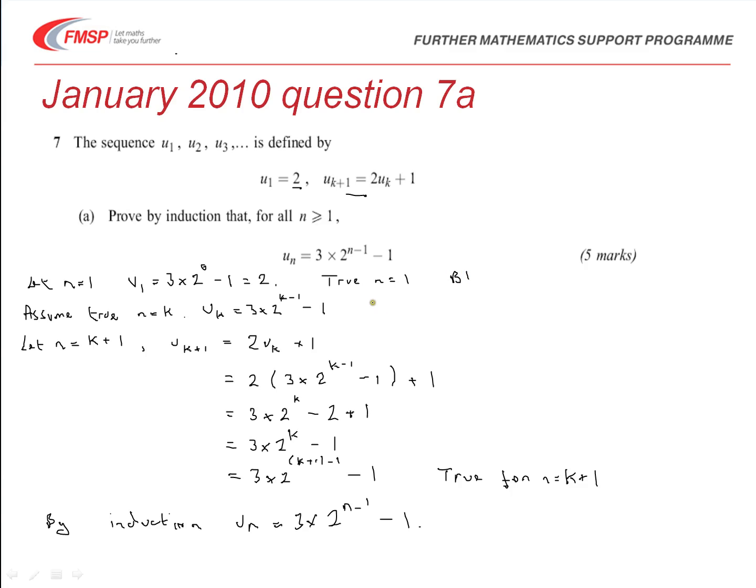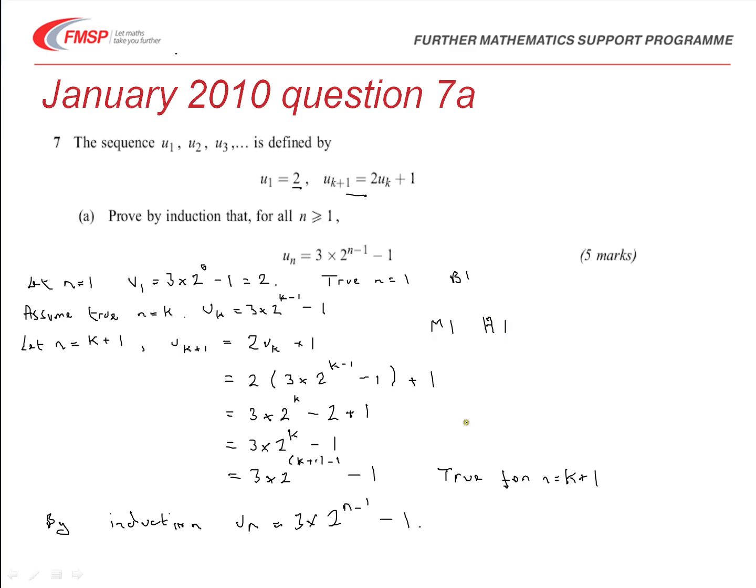Then, assuming it's true for n equals k, and then letting n equal k plus 1, that is going to give us a method mark for showing that we understand the inductive process that we're going to use, the assumptions that we need to make, and writing down an appropriate statement that is accurate at that point.